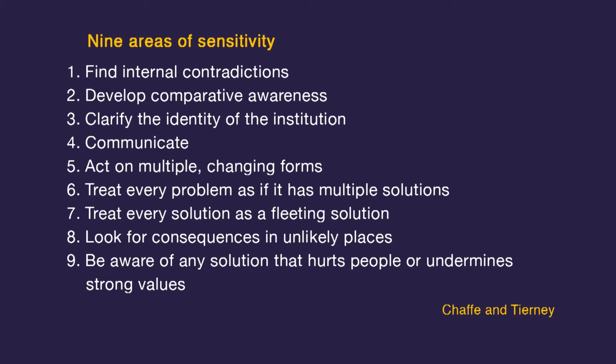Act on multiple changing forms. 6. Treat every problem as if it has multiple solutions. 7. Treat every solution as a fleeting solution. 8. Look for consequences in unlikely places. 9. Be aware of any solution that hurts people or undermines strong values.